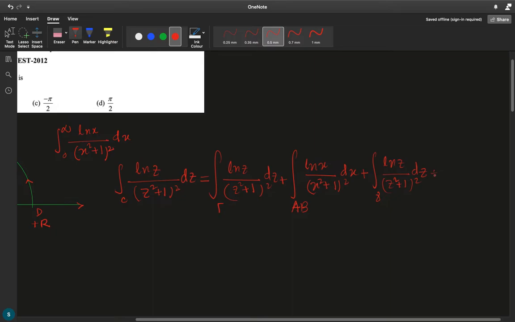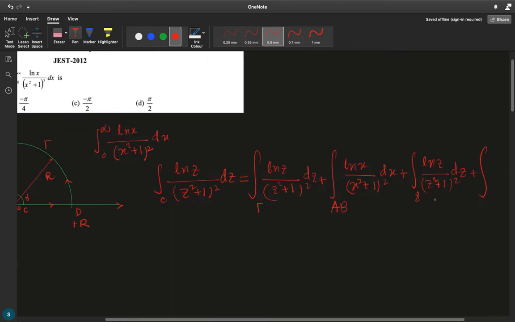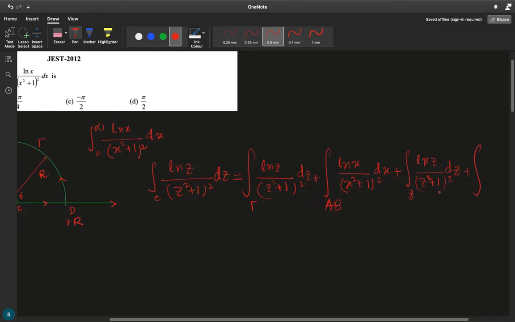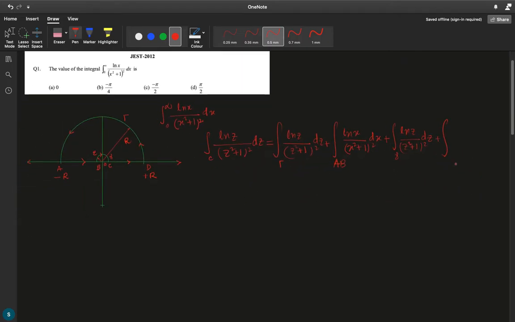And the last one is the integral of CD. This is along the x-axis, so we should write ln x by (x square plus 1) whole square dx.